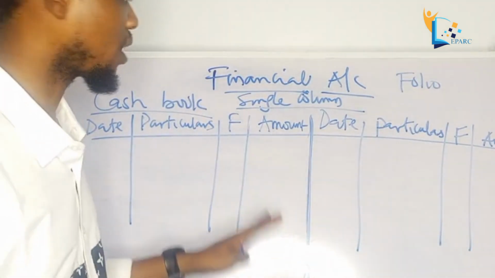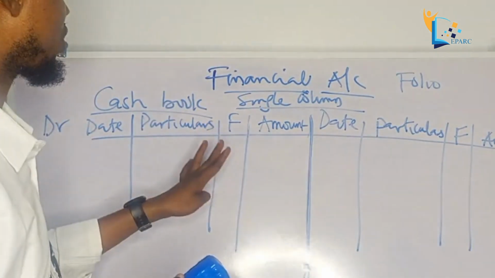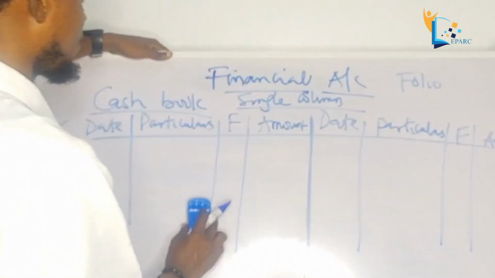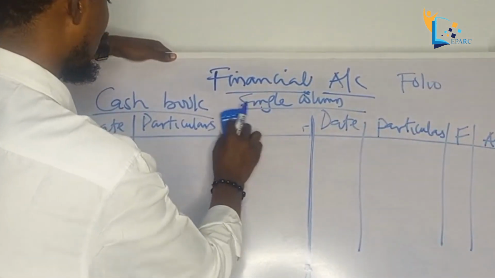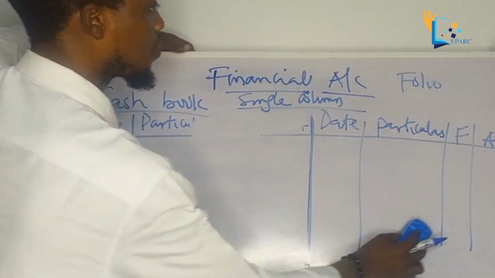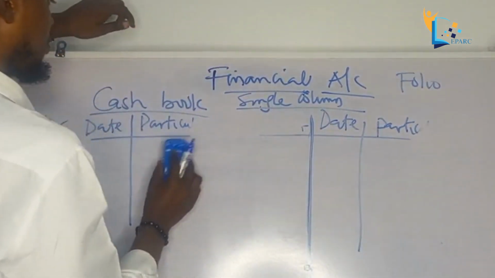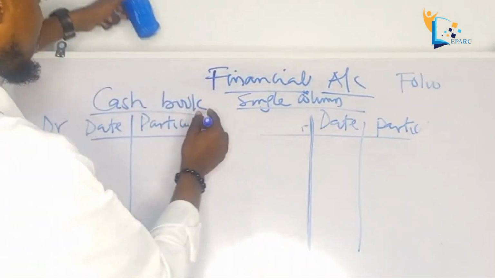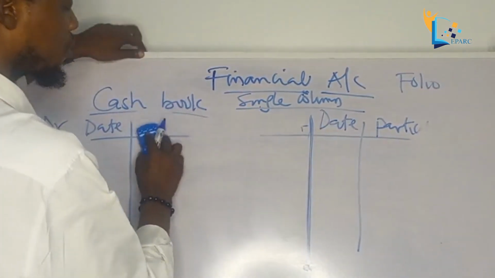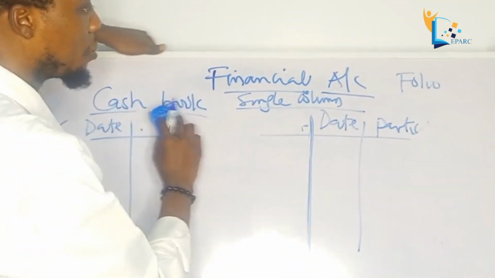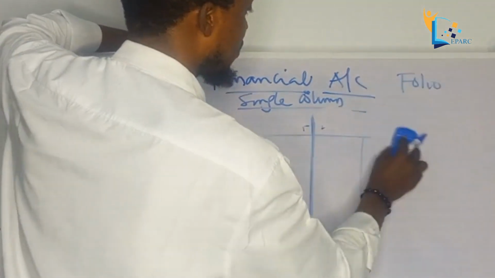Now let's look at the double column cash book. The difference here is this. Sorry, the board is small, so I'm going to abbreviate some of these items.